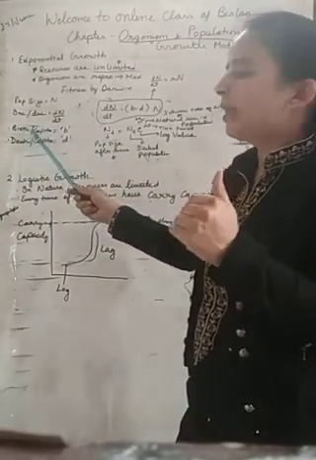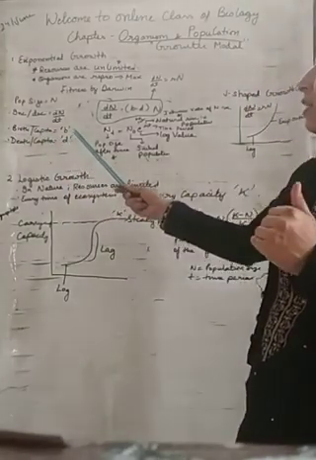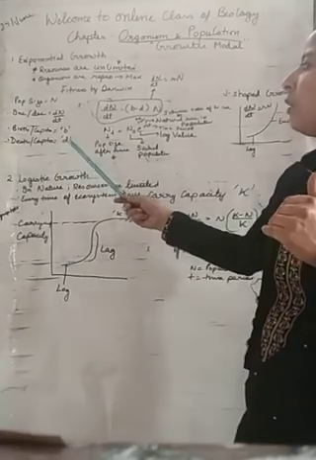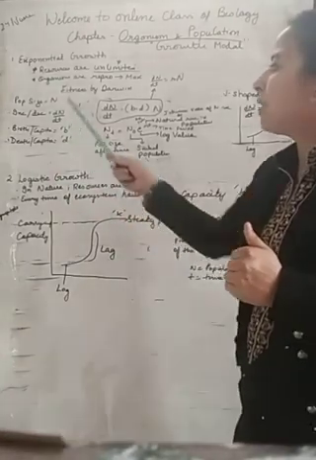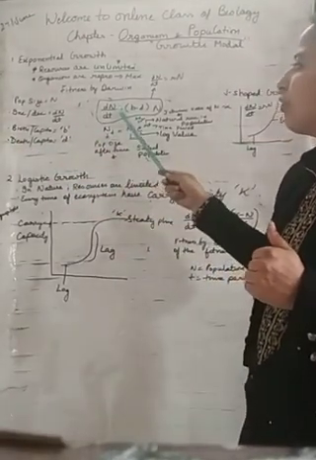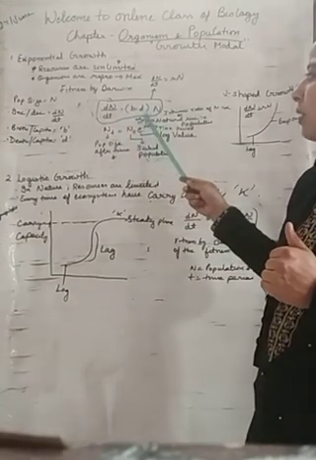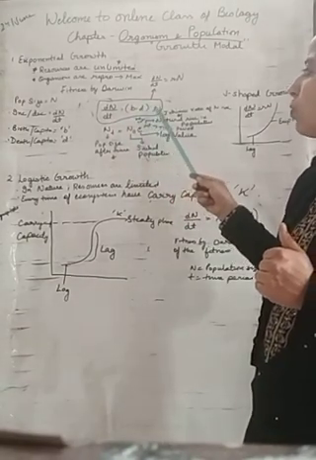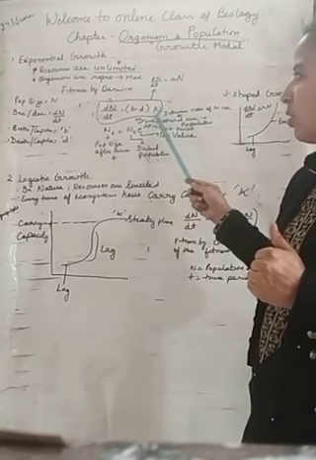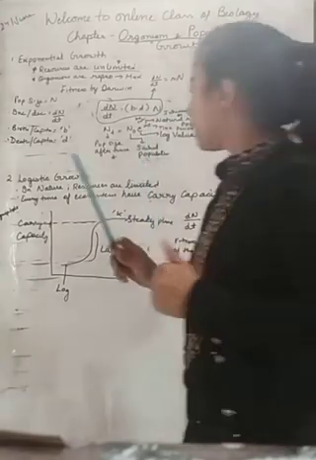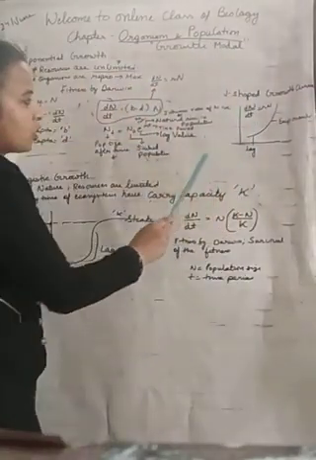Then birth rate per capita will be represented by small b, and death rate per capita will be represented by small d. And if I represent all these in an equation, it would be dN/dt equal to (b minus d) into N, birth rate minus death rate, multiplied by population size. Clear? And through this equation I can draw a graph in such a way.